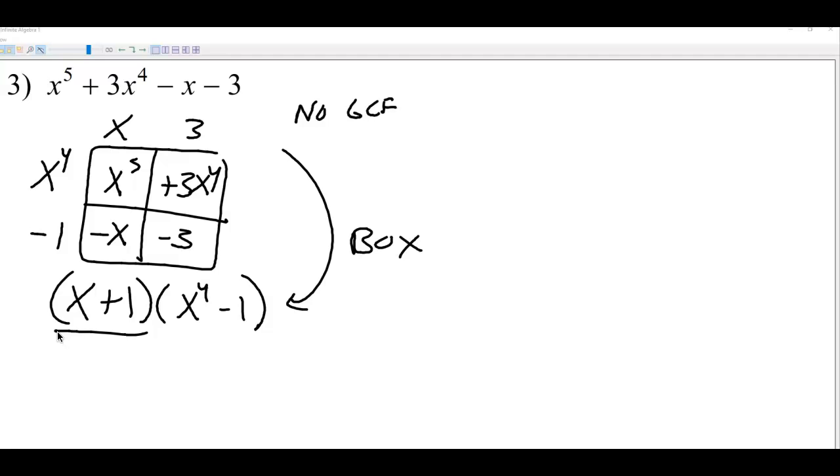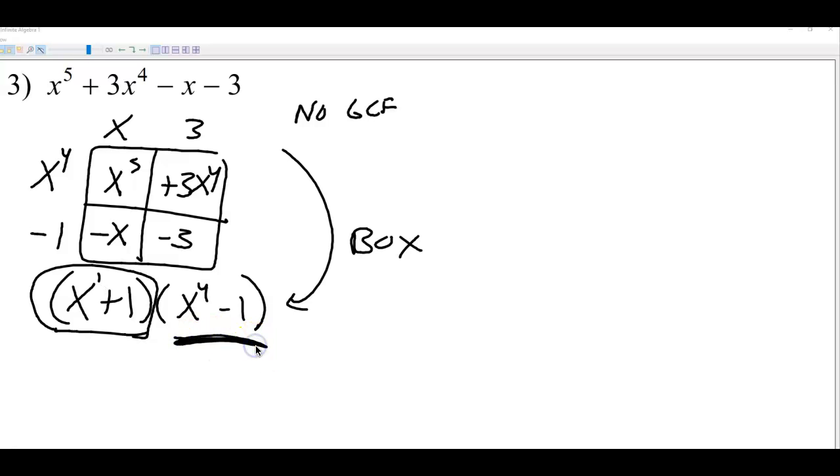No. What do we call this? That's a binomial. And what kind of binomial? It's linear. What does it say about linear binomials? They're prime, which means this can't be factored anymore. This one is done.